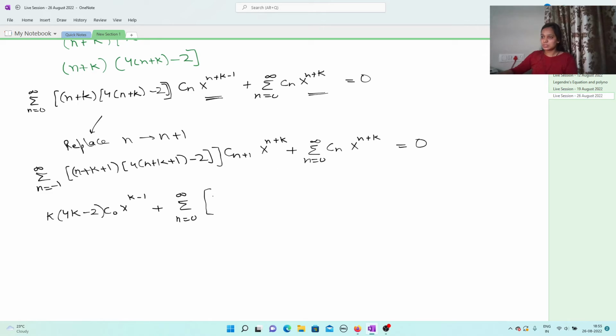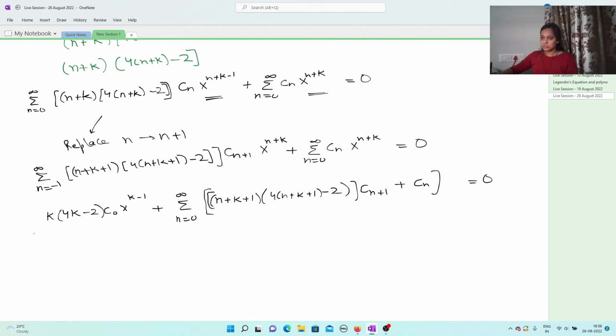Let's combine both these terms. So this is now (n+k+1) into (4(n+k+1) minus 2), and this entire thing will have coefficient c_(n+1), and this has coefficient c_n, and this is equal to 0.